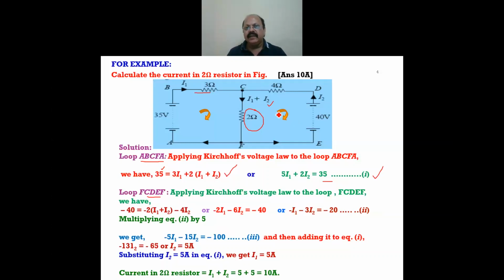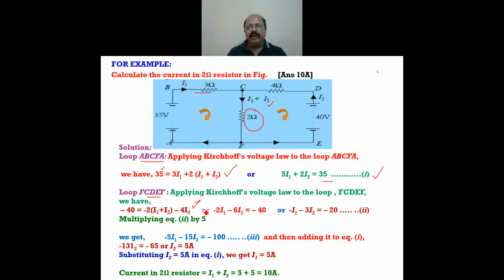Then you see the loop's direction is this. The loop direction is from higher potential to lower potential, so the EMF is minus 40. The direction of the current and the loop direction is opposite, so minus 40 equals minus 2 (I1 plus I2) minus 4 I2.